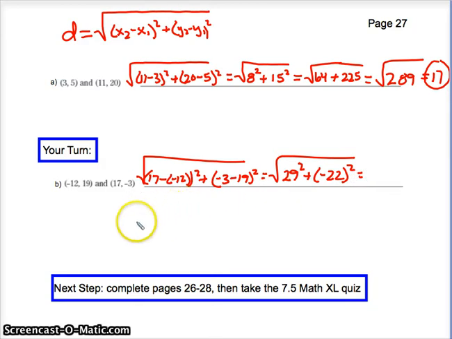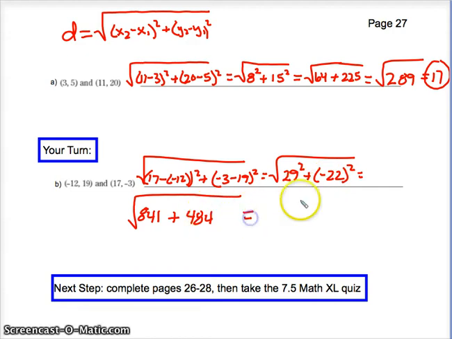I'm going to have to use some calculator now. 29 squared is 841. And negative 22 squared is 484. Remember that any negative number squared becomes positive here.